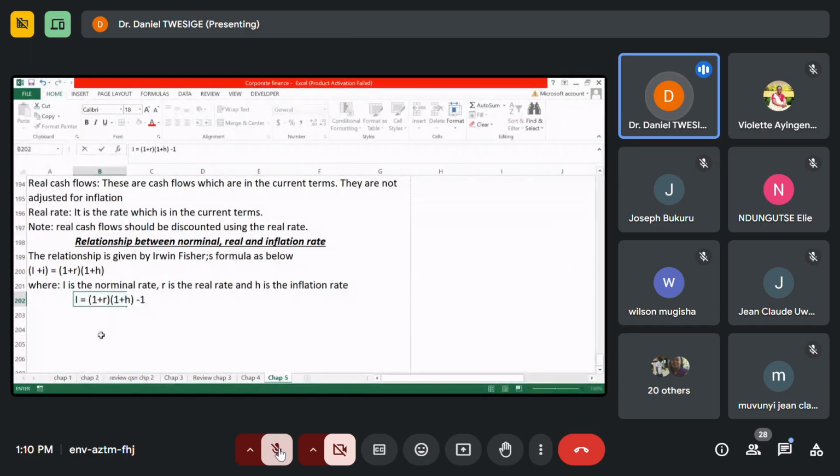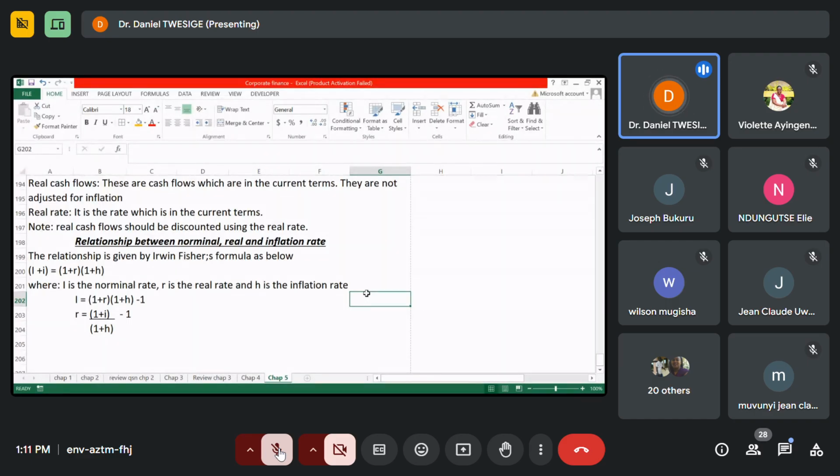If I want to get a real rate, it's going to be 1 plus I over 1 plus H, minus 1. So whatever you have, you can adjust to get either a nominal rate or a real rate. It depends on what you are answering.